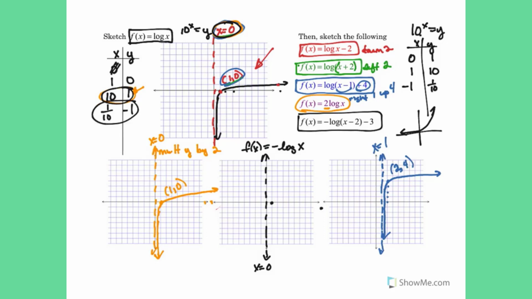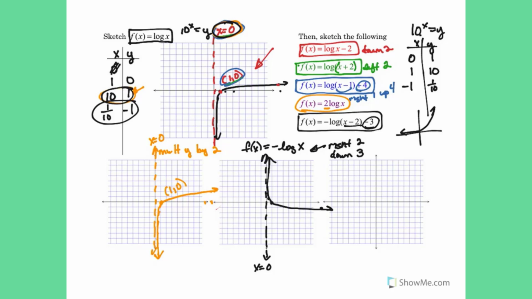This one, instead of going 1/10, -1, it's 1/10, +1. And again, it's going to flip it upside down. So that's our negative. So now we're going to take this graph and move it to the right 2 and down 3.